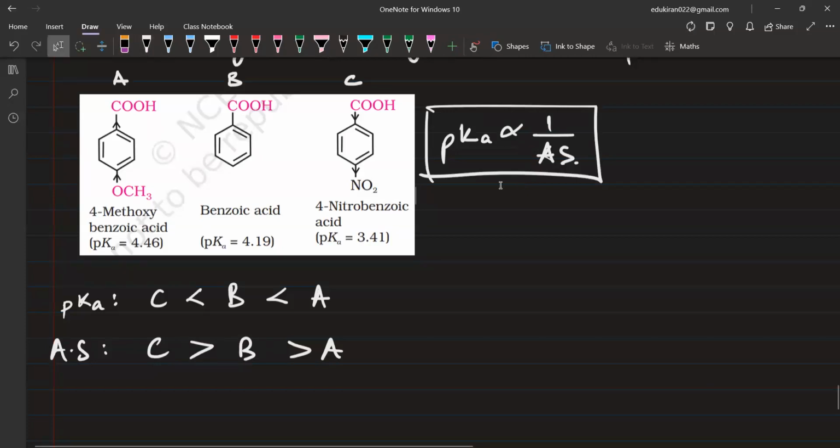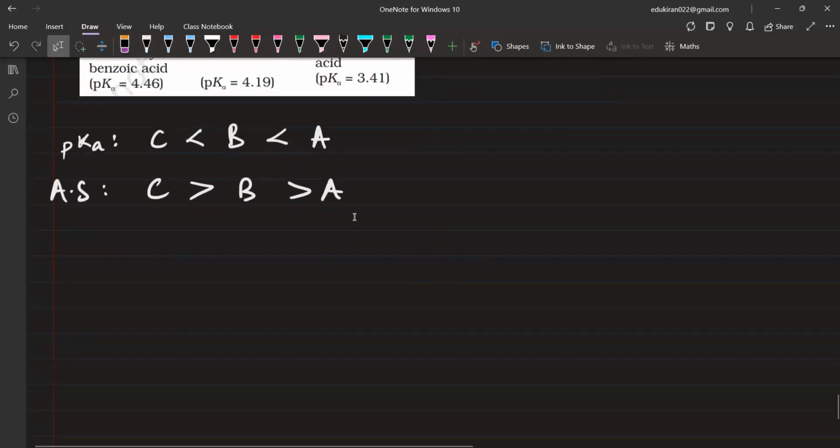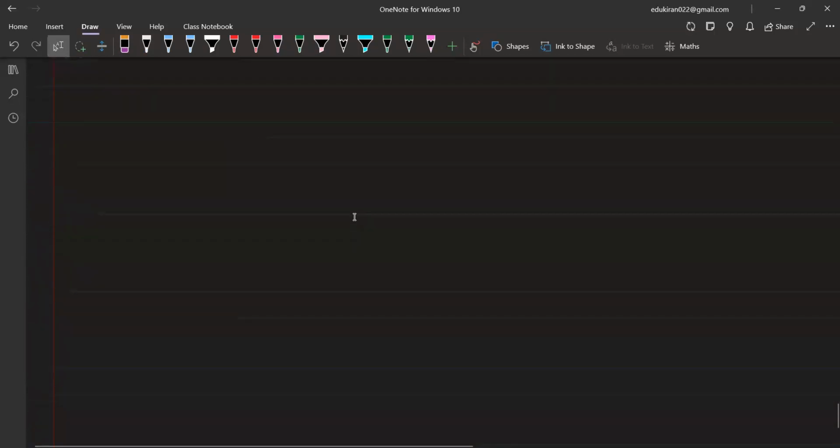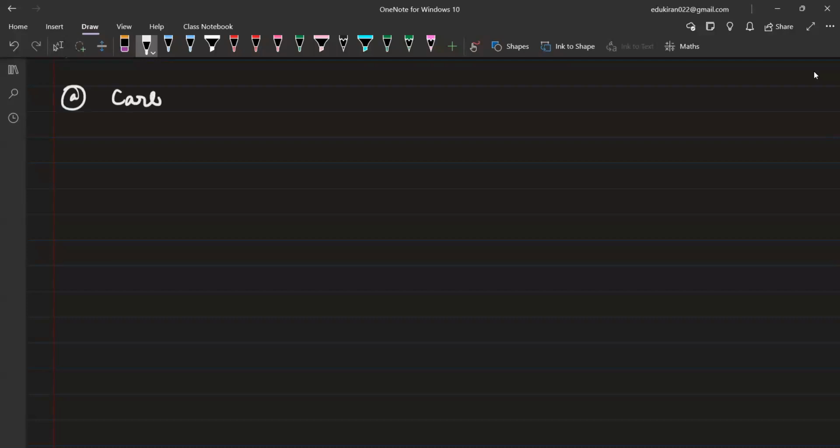Now, if you are given the pKa, then you can find it like this. Now we are going to compare a few things. So first of all, we are going to compare the acidic strength of carboxylic acid versus phenol. Now, for this, we have to compare the conjugate base of carboxylic acid and that of phenol.